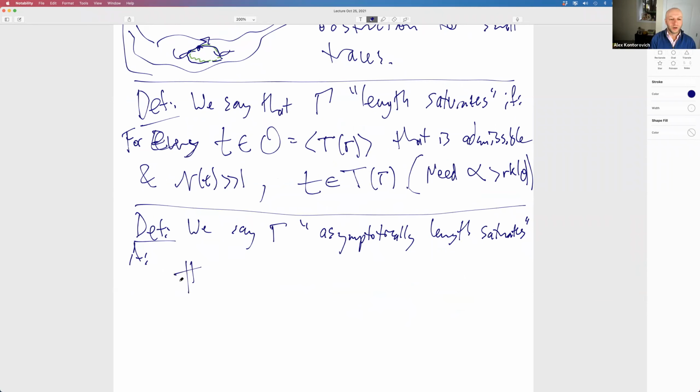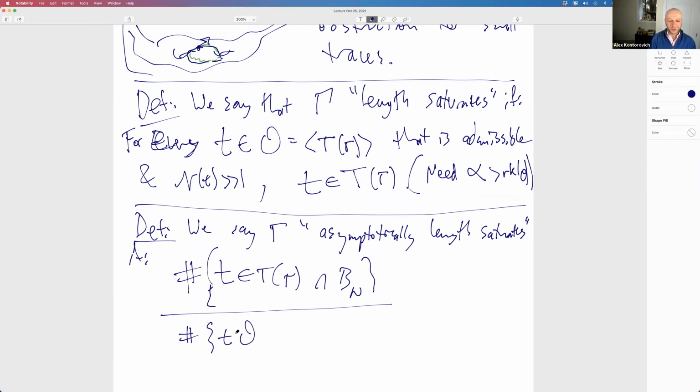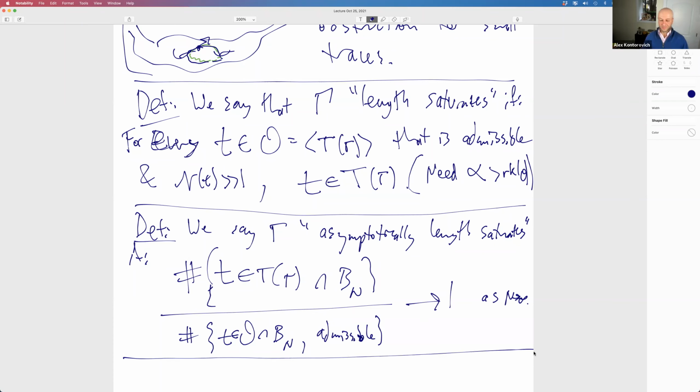In other words, if the number of traces in the group in a ball of size n, divided by the number of admissible traces in this order in a ball of size n, goes to 1 as n goes to infinity, then we say gamma asymptotically length saturates. Do these two definitions make sense? Yes.